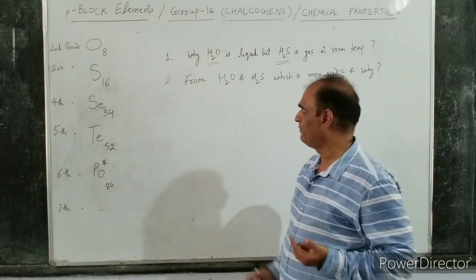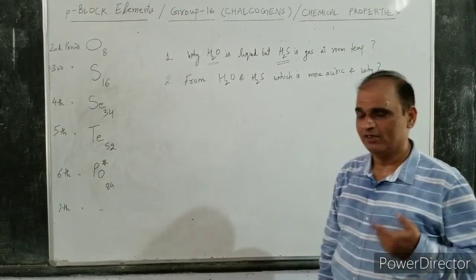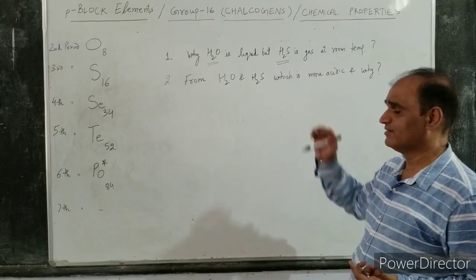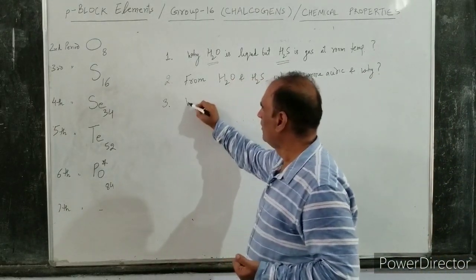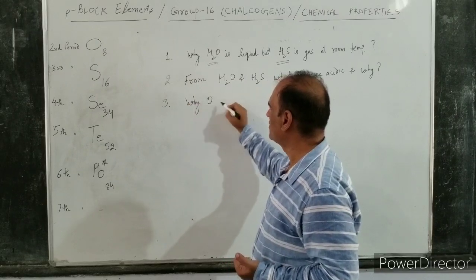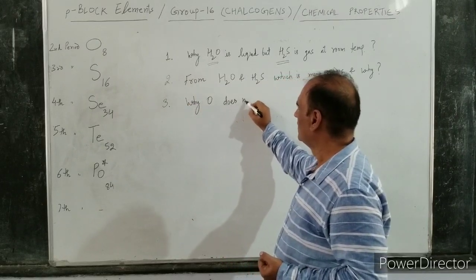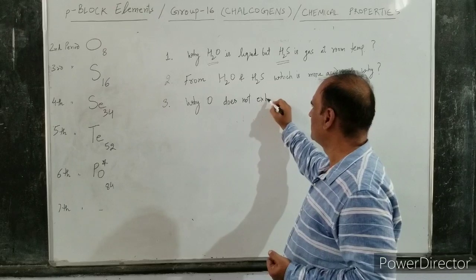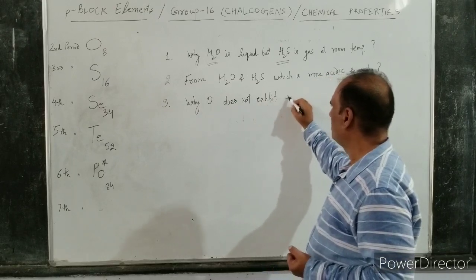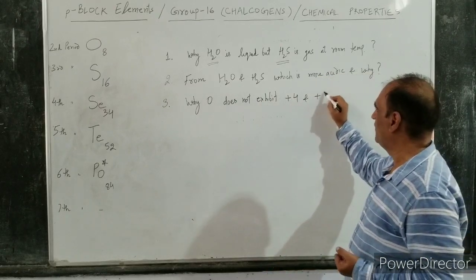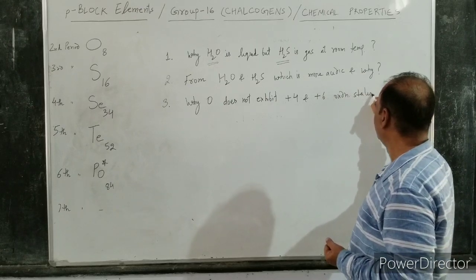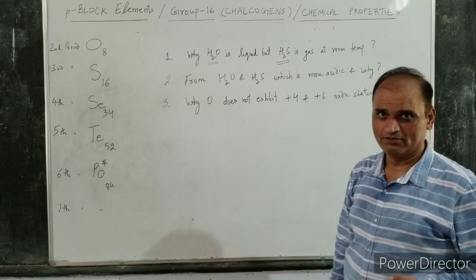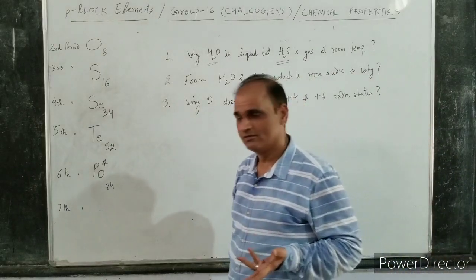Right now we have studied their bonding properties. You can compare the ease of losing H and you can answer. Then third is, why oxygen does not exhibit +4 and +6 oxidation states like other chalcogens, you know, d-block.